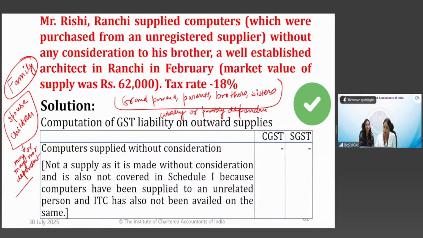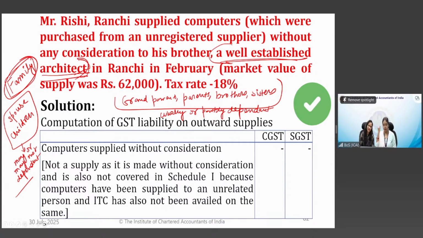And here the brother is a well-established architect. So well-established architect means that he is not dependent upon anybody. He's a self-made person, his brother. So the condition of dependency does not get satisfied here. So he will not be treated as a member of the same family.